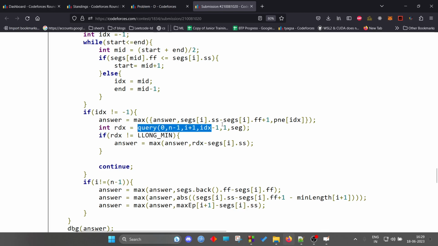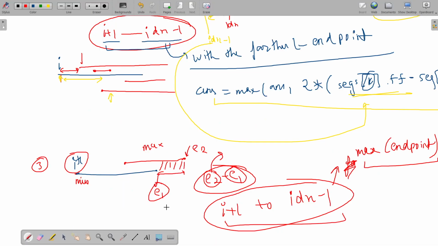What I have done is I have just queried from i plus 1 to idx minus 1, and based on that query answer, the empty space will be the endpoint minus my endpoint. And this is just a check to make sure, because it might be possible that there is no overlapping range, so this handles that.